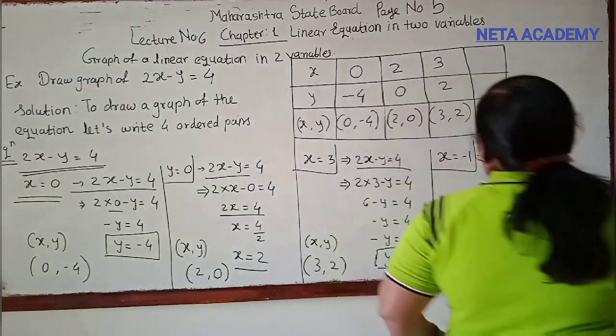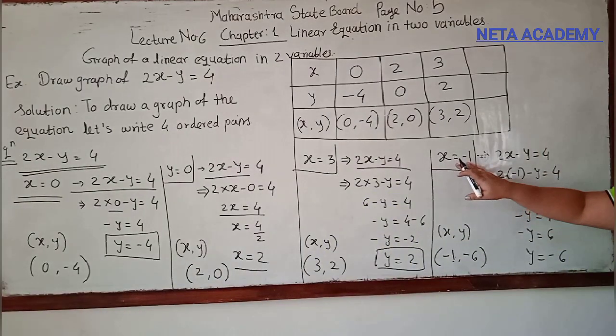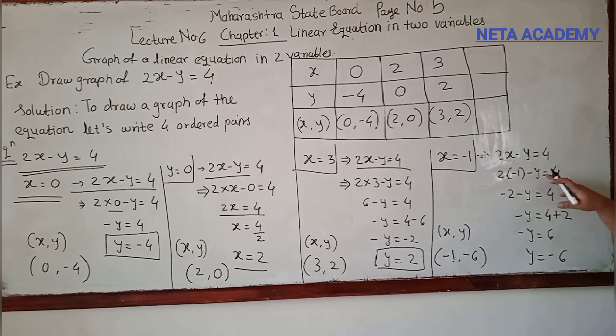Then the fourth one, if I take x is equal to minus 1, I put this value in the given equation: 2 into minus 1 minus y is equal to 4. So 2 into minus 1 is minus 2, minus y is equal to 4. Minus y stays as it is, and this minus 2 goes to the other side and becomes plus. So minus y is equal to 6, which means y is equal to minus 6.